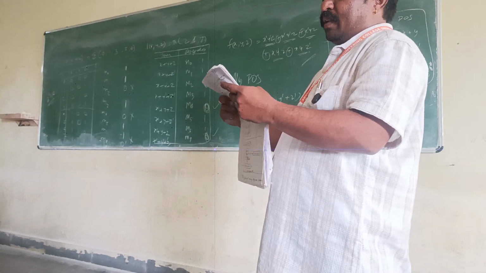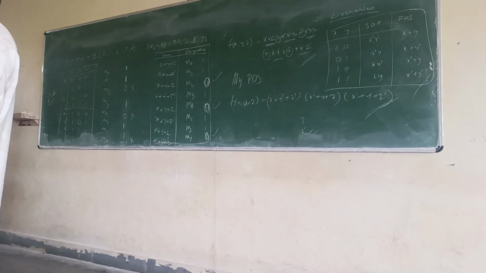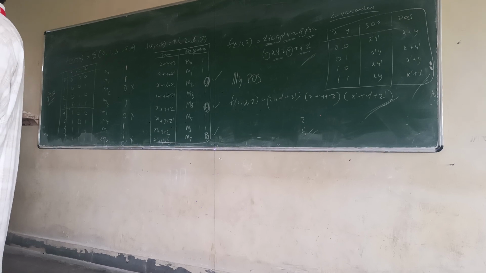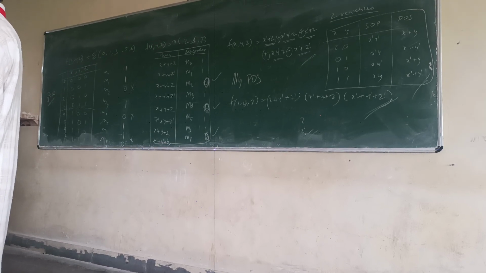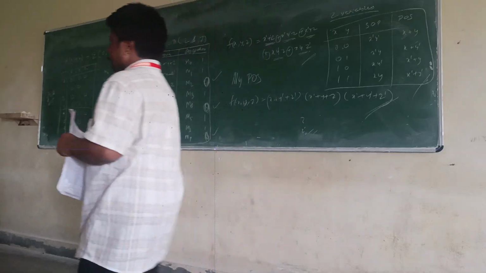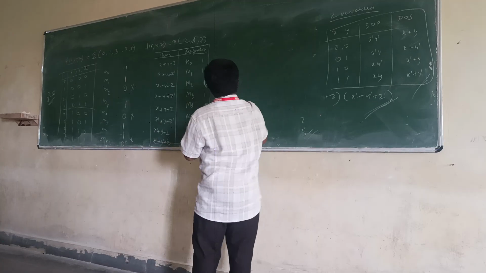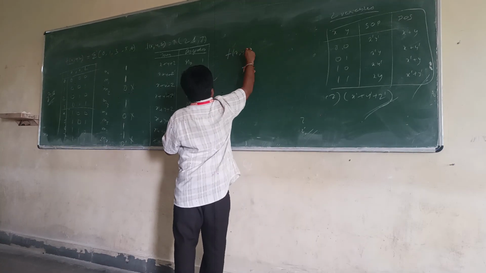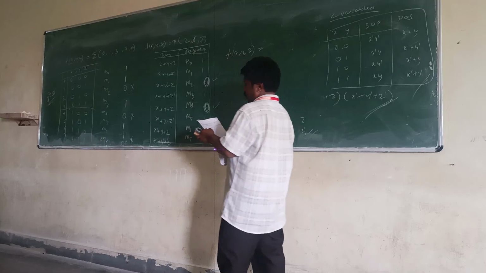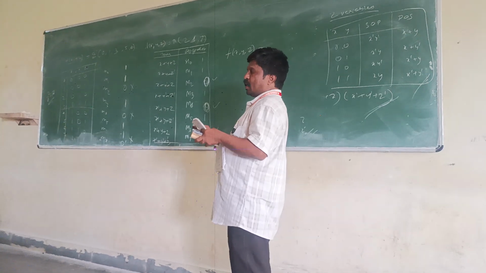Okay, write it. For the given boolean function, write the SOP form. Given f of x y z, that is to be written. Sorry, do POS to SOP.